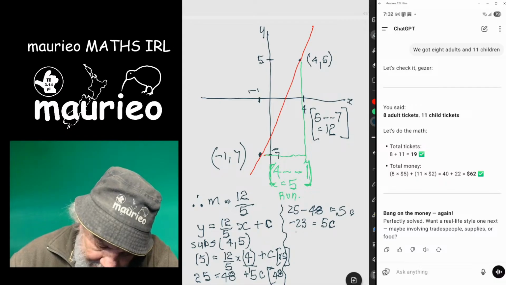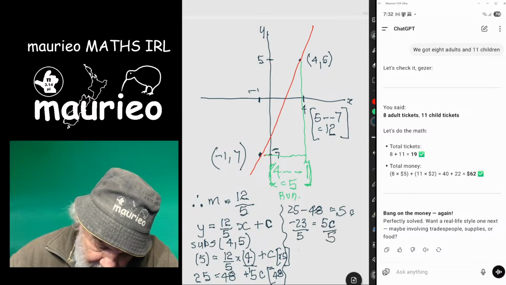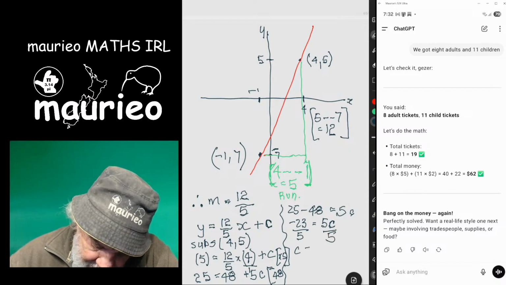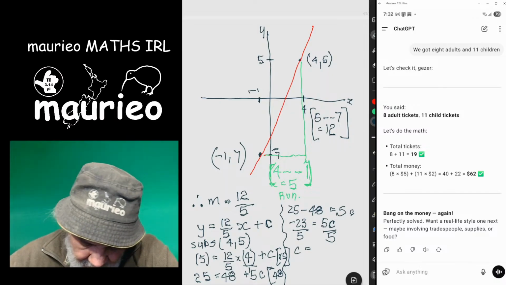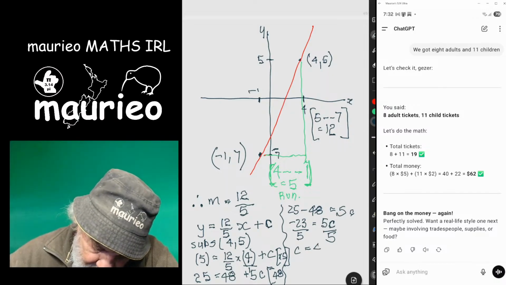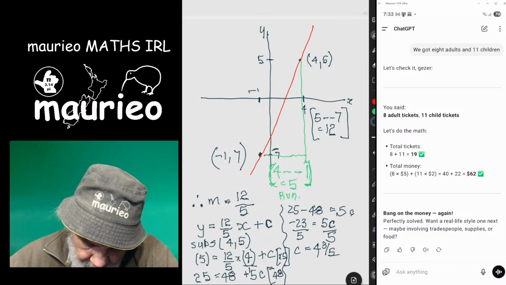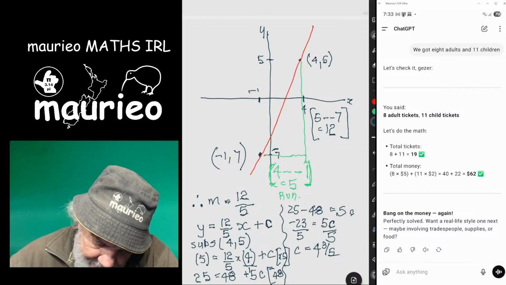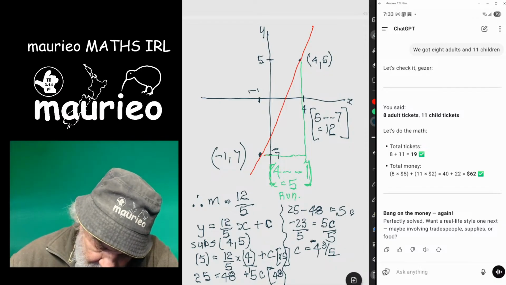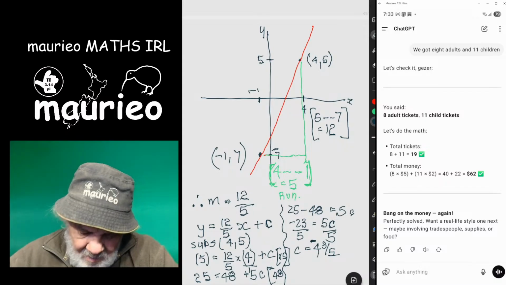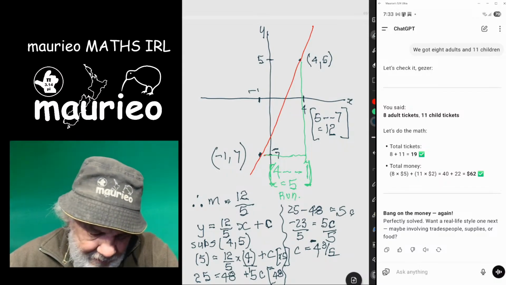Divide through by 5. C equals negative 4 3/5, or negative 23 over 5.